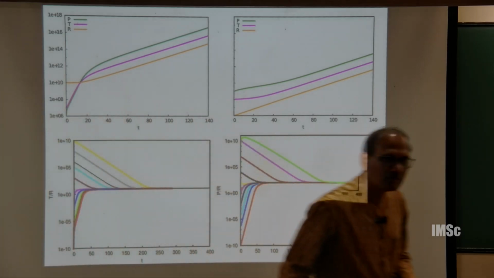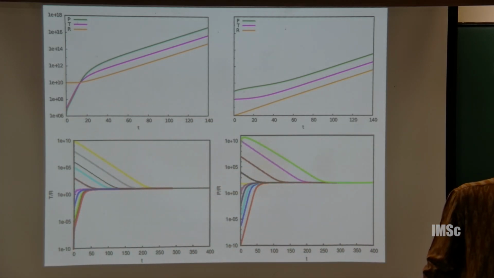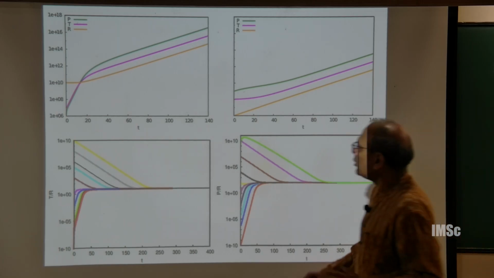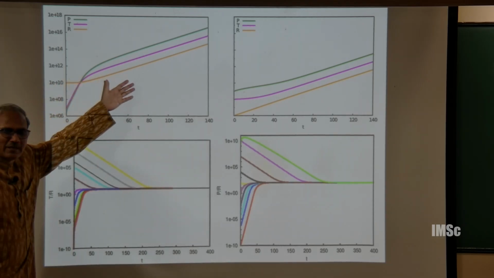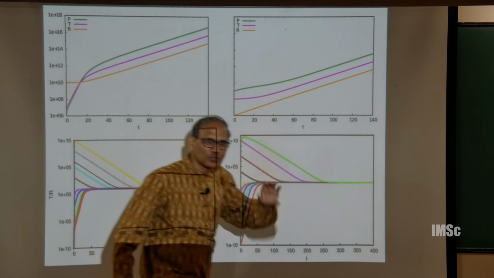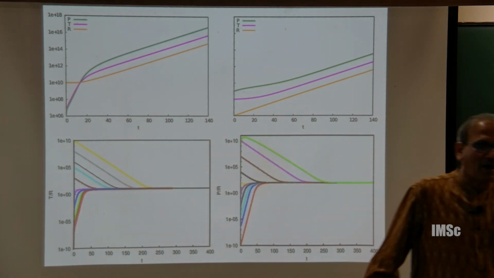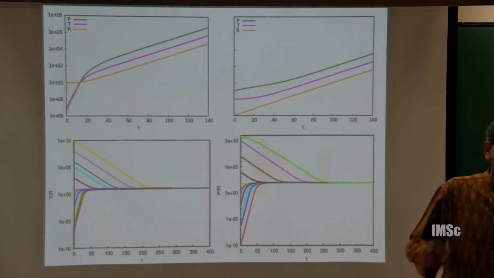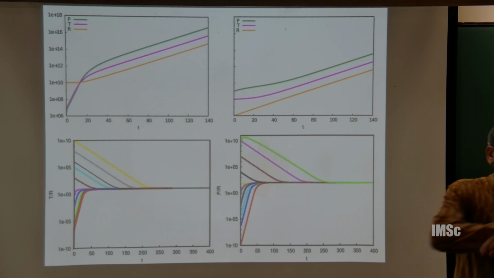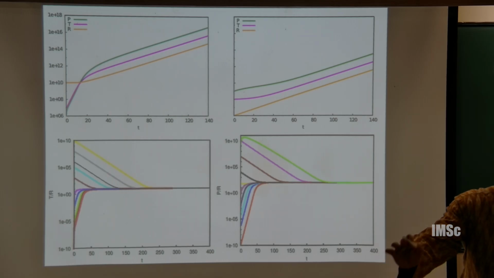Is there any specific constant that determines that the population of R at a large time scale will be lower than T and then P? Yes, see, these simulations have been done with a specific choice of parameter values. For that particular choice, it turns out that R is smaller than this. Those parameter values have been chosen with an eye on what we know those parameters to be experimentally. But it does not matter what parameter values you choose.